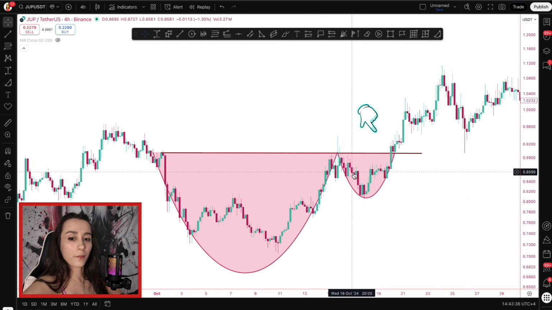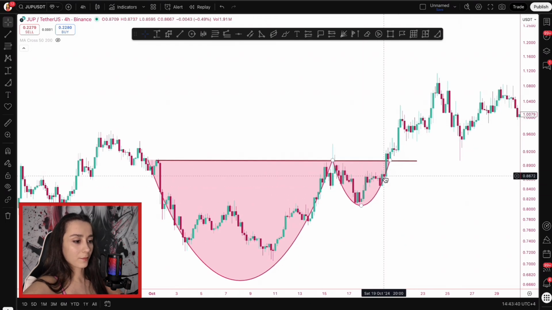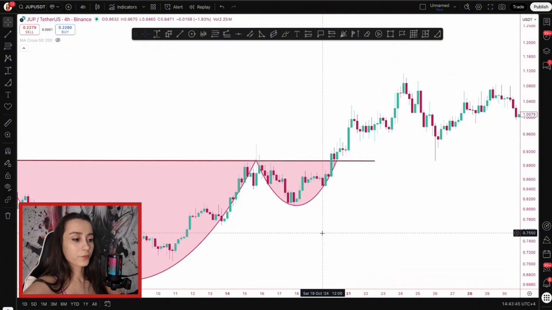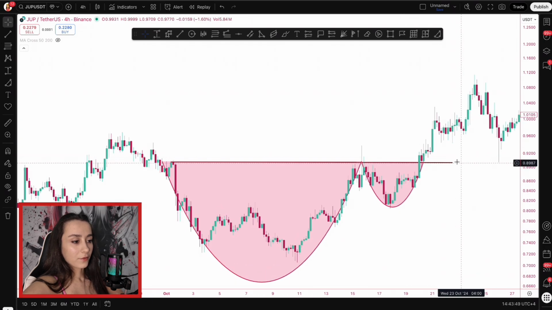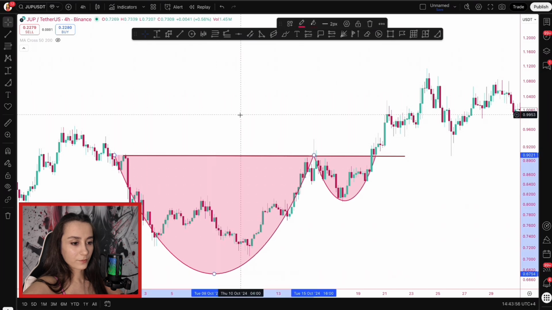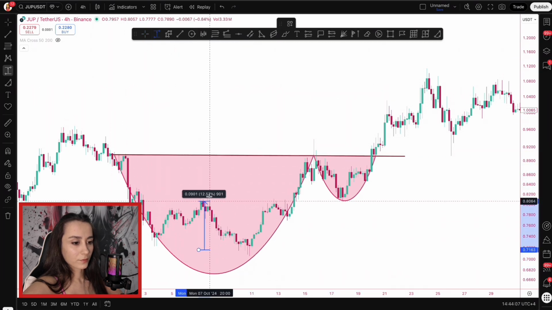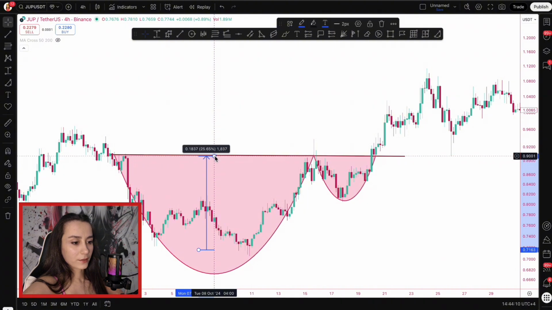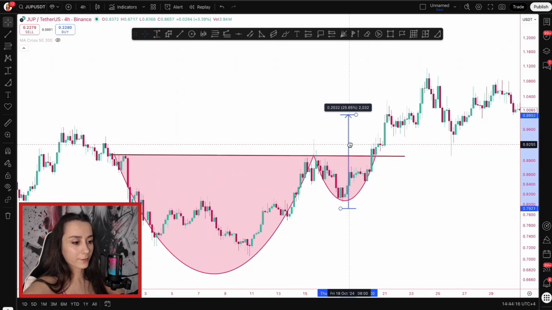When I see this formation, I will know the price dropped, but at a certain point, when it made its handle, and the handle is over, it makes a breakout with a strong candle, as you can see over here, and retests and rises again. When this rises, I will know that it will rise the same as the previous cup height.